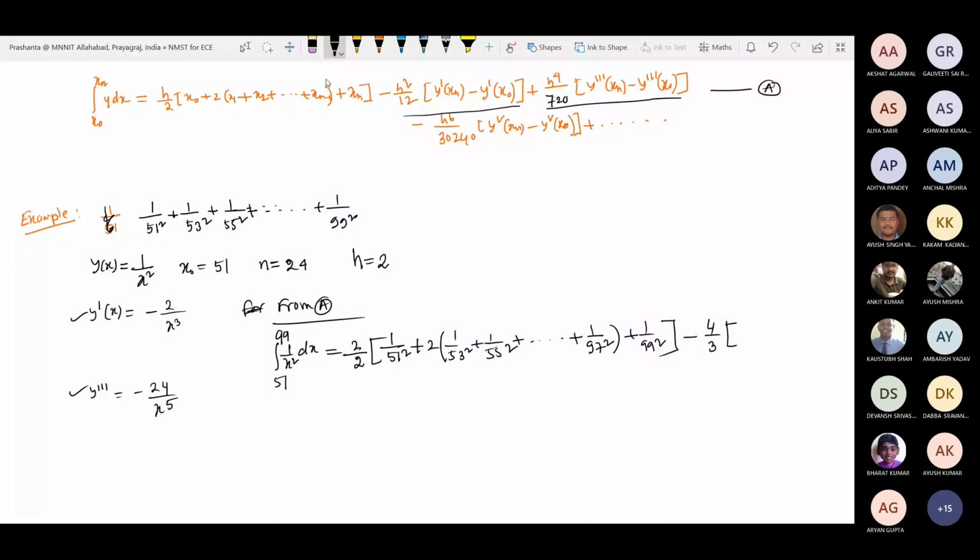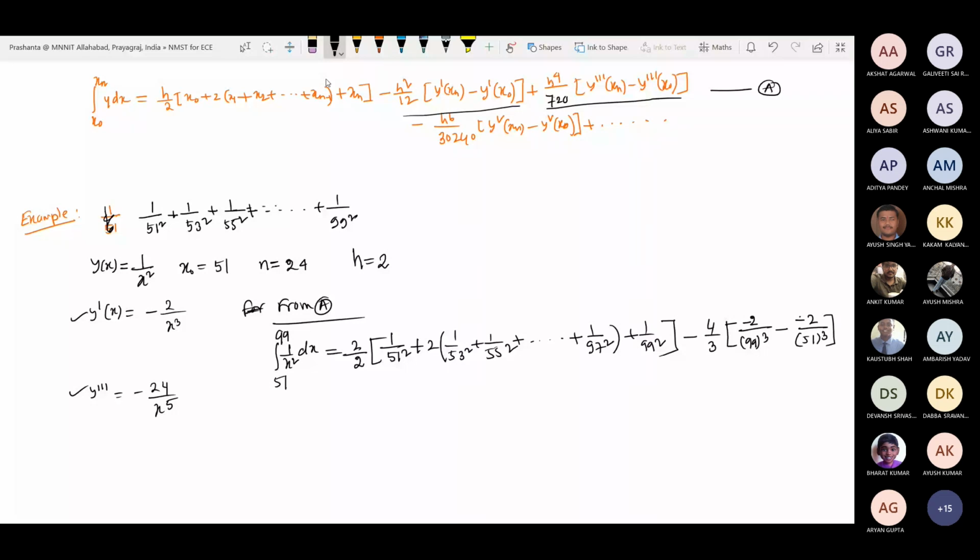So that will be minus 2 by 99 power cube minus minus 2 by 51 power cube.